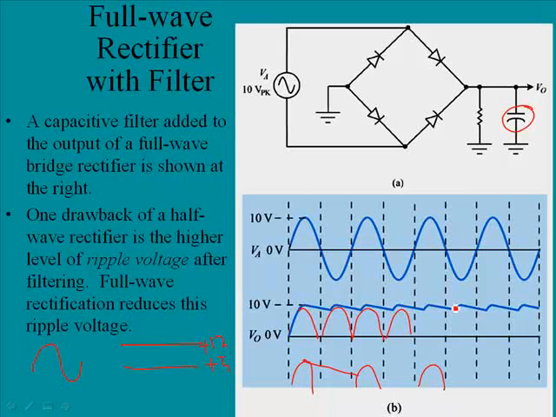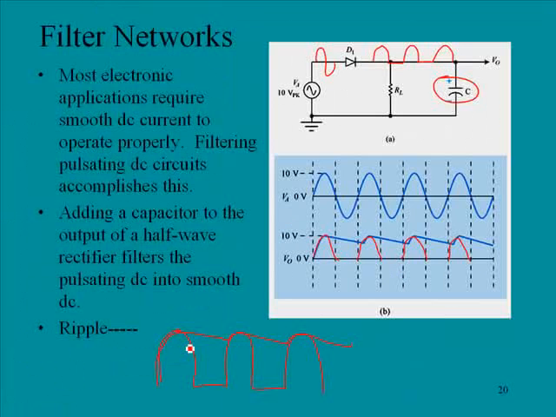Now, what we show here is that the DC might have little ripples in it, but modern power supplies have some advanced circuitry that will virtually eliminate those ripples. So this gives us a methodology to take our 120 volts AC in and rectify it, transform it, and make it into a low-level DC suitable for applications like computers.